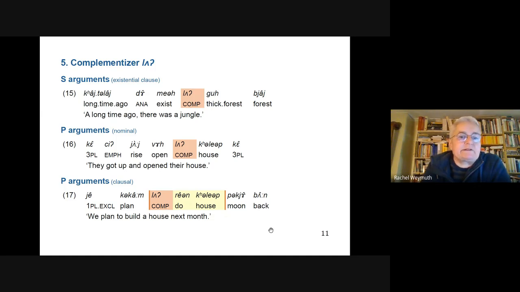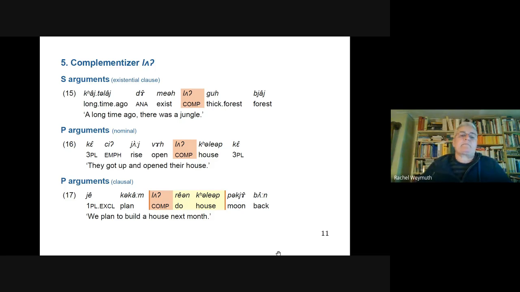They got up and opened their house. As far as I've seen, open is at least often used together with la, so it may depend here on the verb. Then we have also P arguments. We plan to build a house next month.